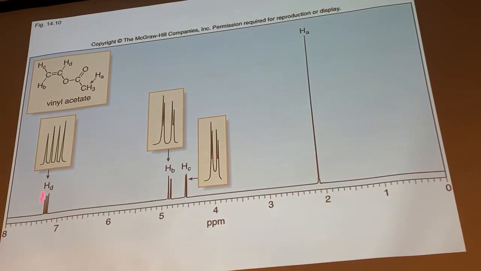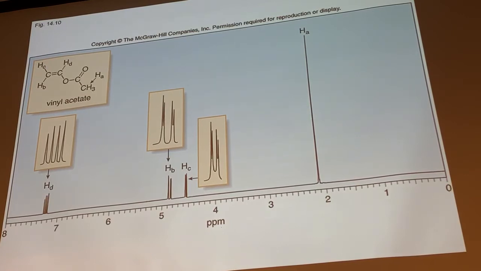You notice that this signal, the one they're calling HD, is much further downfield than any other signal in this molecule. And we would expect that because that is the hydrogen on the sp2 carbon that is bonded to an oxygen. So it is de-shielded by both the pi electrons of the alkene and the oxygen that is also attached to the same carbon.